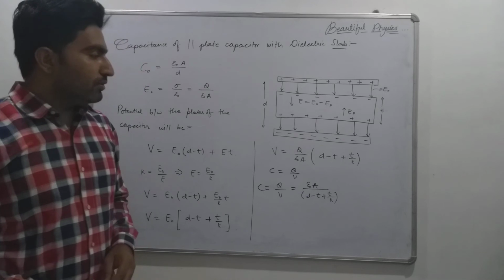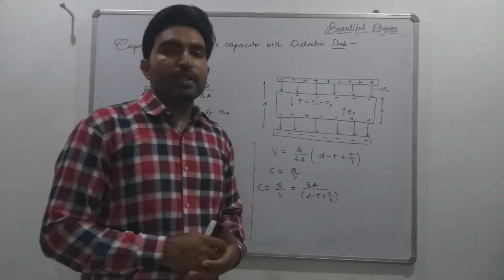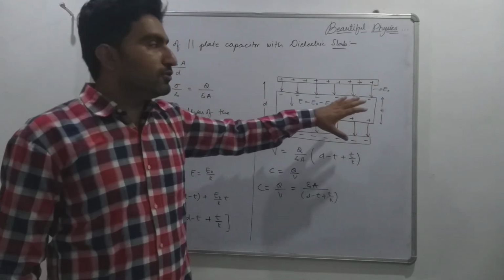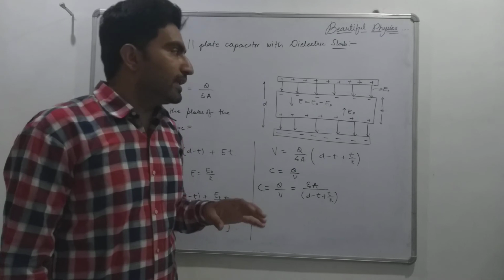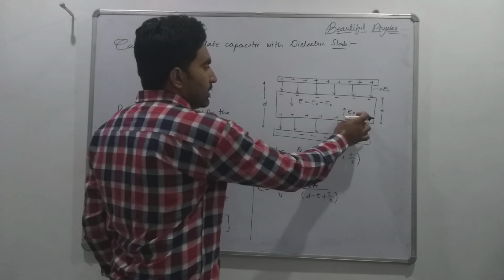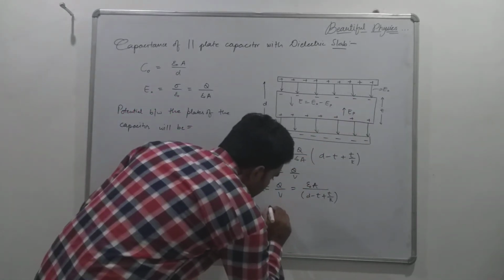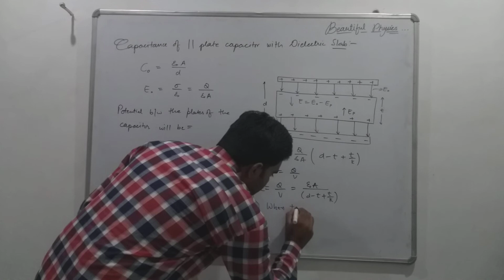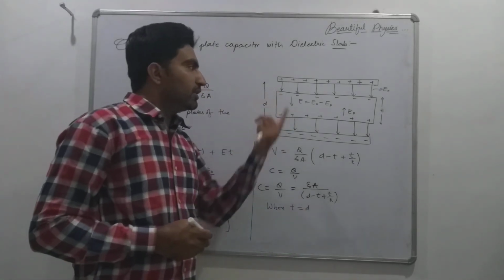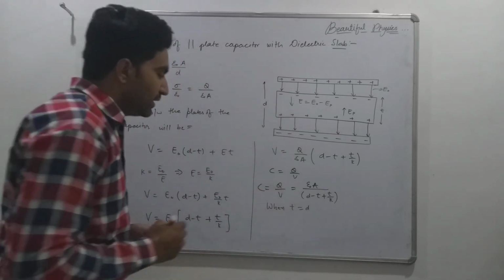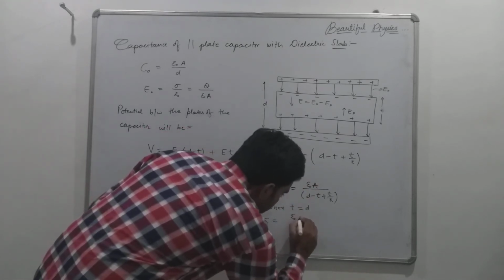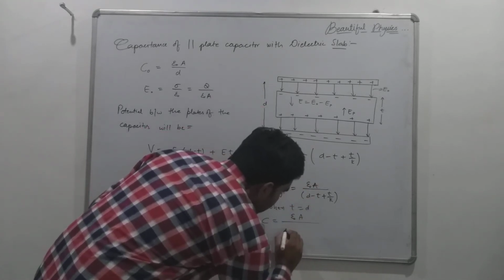Now we have to discuss a special case. If the space between the plates of the capacitor is fully filled with the dielectric, that is the case when t is equal to d. The thickness of the dielectric slab is equal to the space available between the plates. Then the capacitance C will be equal to epsilon naught A by (d minus t plus t by kappa).